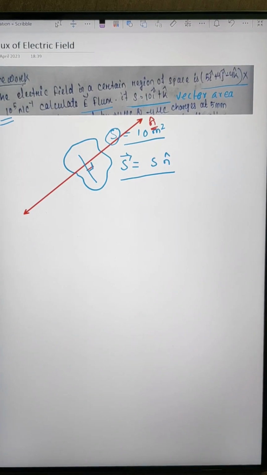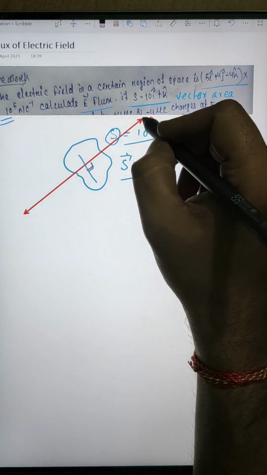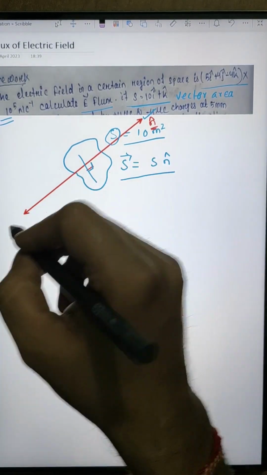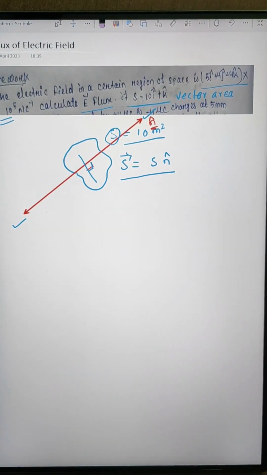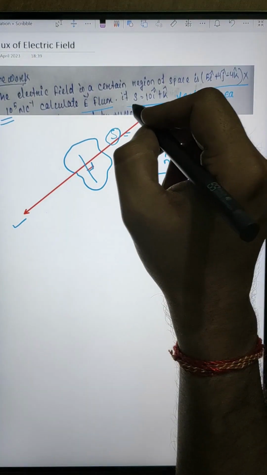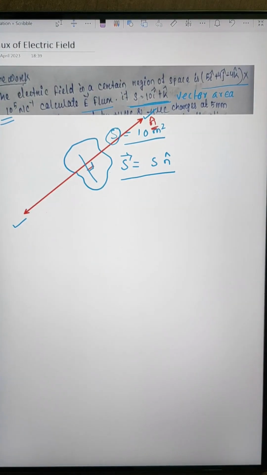But then you might also ask, which side should I take? Should I take this side, or this side? It depends on the question in concern and the concept. So the direction of the vector area has to be taken along the context of the problem. Here we don't have to worry about it because the vector area is already given as a vector itself.